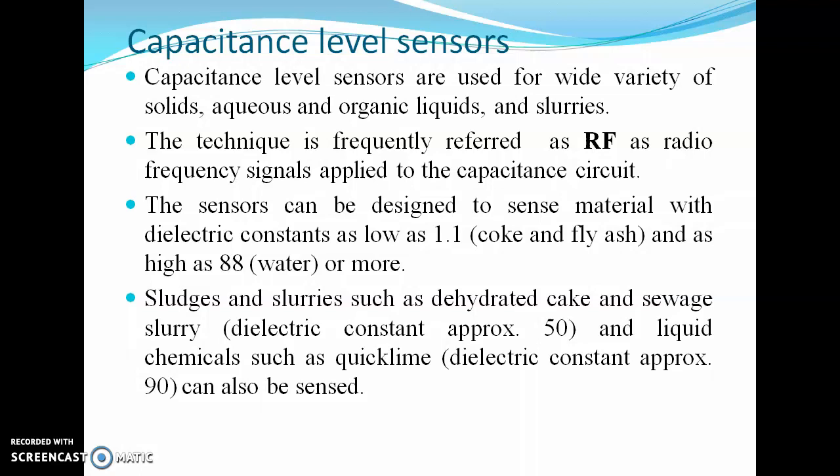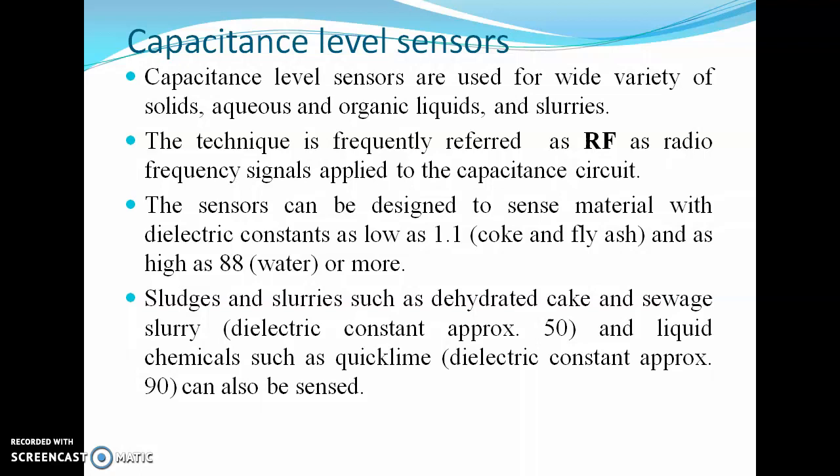As you know, a capacitor consists of two electrodes separated by a dielectric material. Sludges and slurries such as dehydrated cake and sewage slurry, which have a dielectric constant of around 50, and liquid chemicals such as quicklime, which has a dielectric constant of 90, can also be sensed.